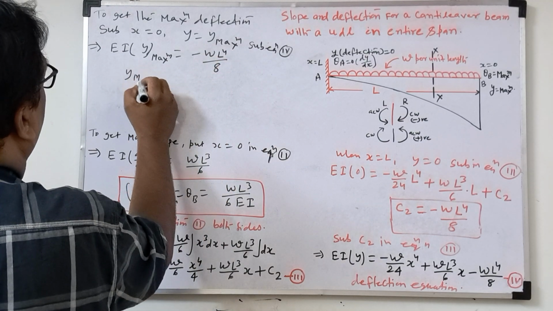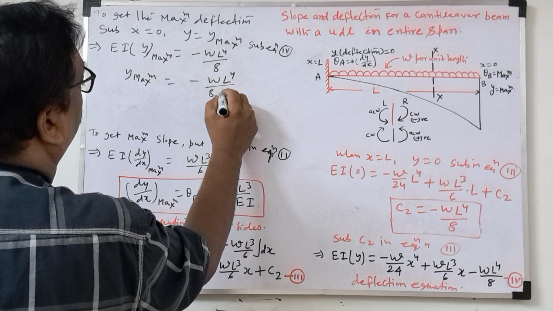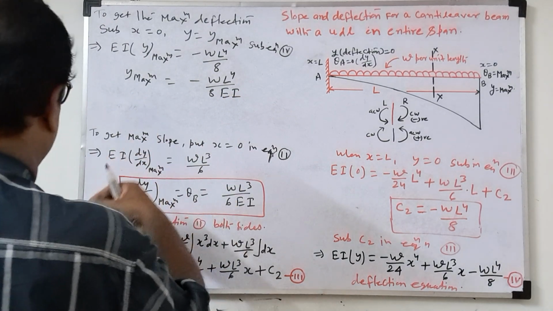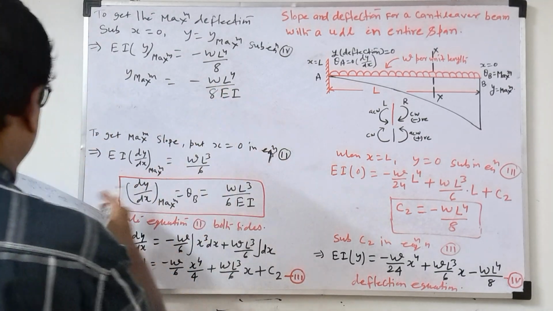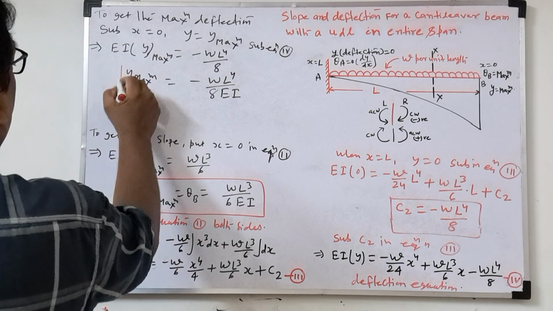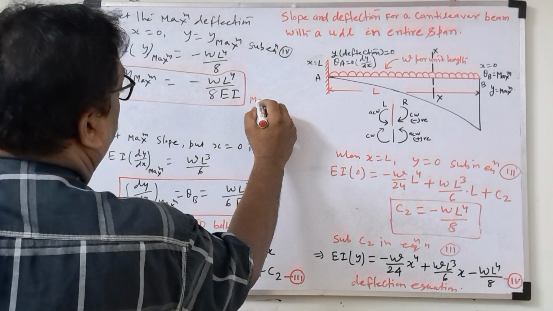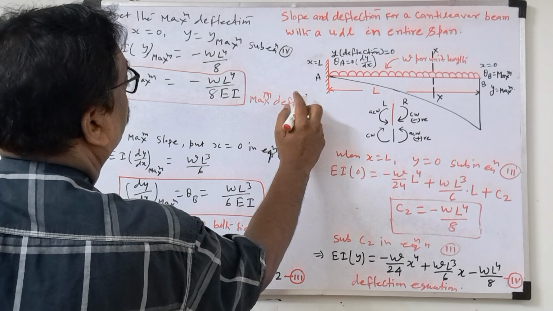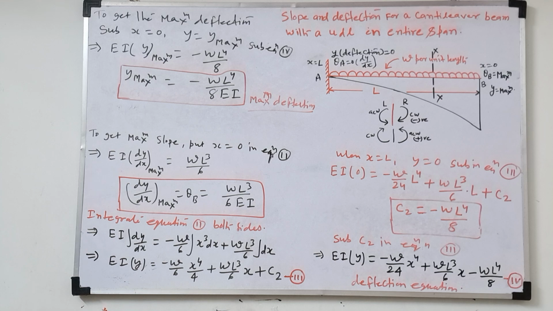So y maximum equal to minus W L power 4 by 8 EI. This is the maximum deflection.